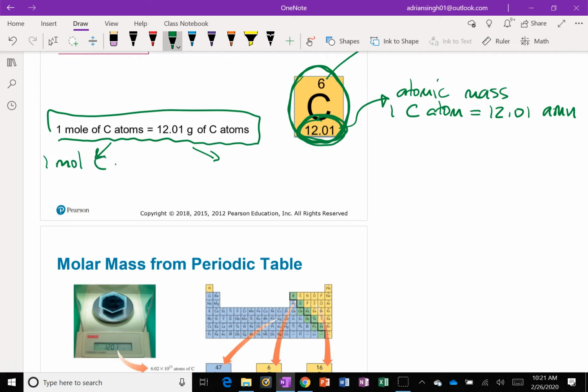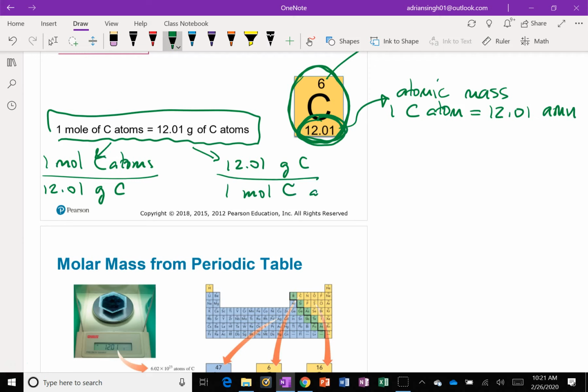We get two conversion factors, right? 1 mole of carbon atoms is 12.01 grams of carbon, and then we can flip it. We have 12.01 grams of carbon for every 1 mole of carbon atoms.